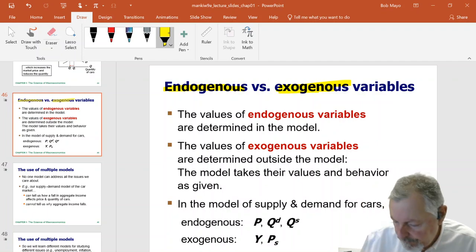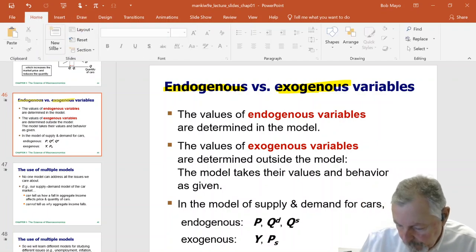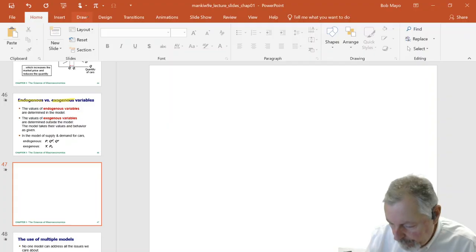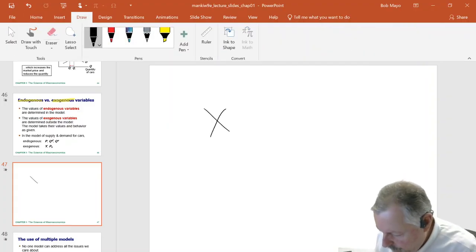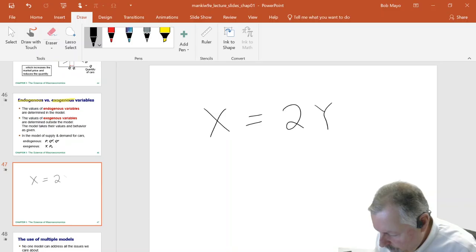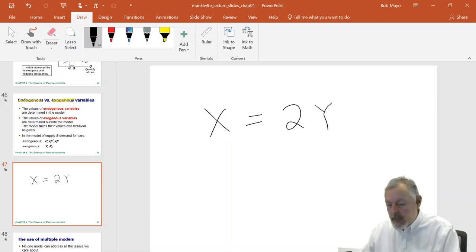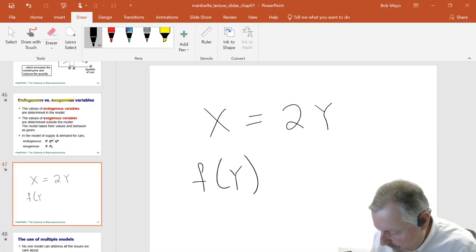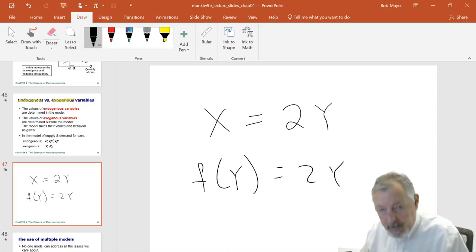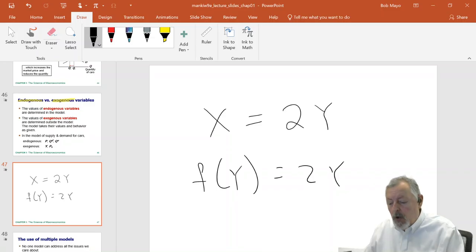Here's an example. In this, which you could also describe as f of y equals 2y, y is the exogenous variable.